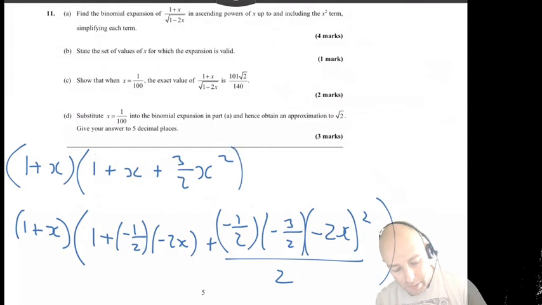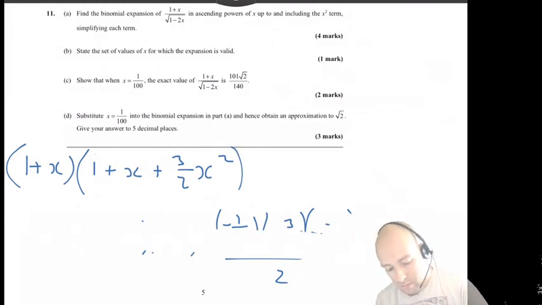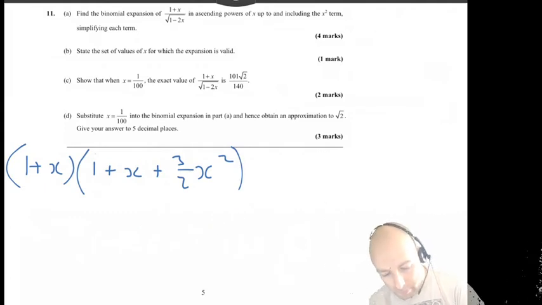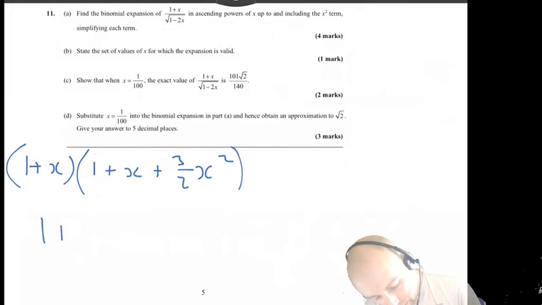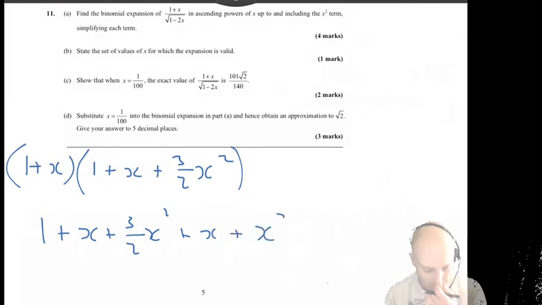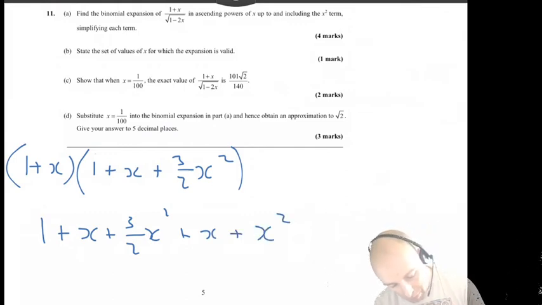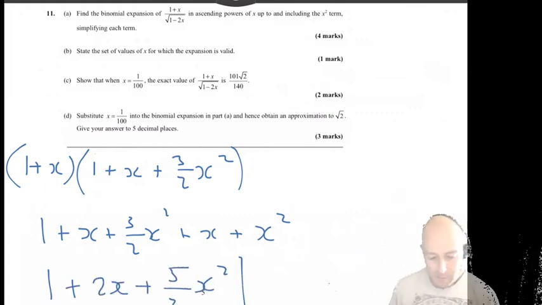So we're going to multiply out those two brackets, giving us 1 plus x plus 3 over 2 x squared plus x squared. And I don't need to worry about the last term because it's x cubed. So to simplify, we get 1 plus 2x plus 5 over 2 x squared as my expansion.